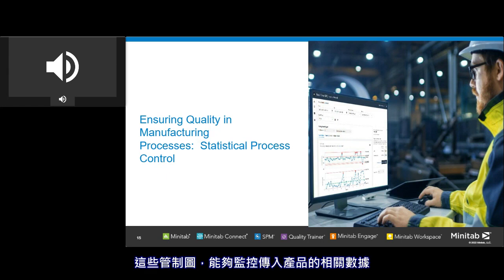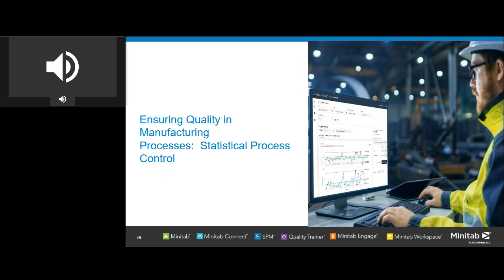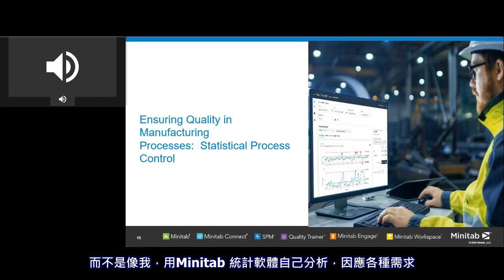Those control charts are able to monitor incoming product, where maybe I'm hand entering some information, or maybe I'm automatically hooking up to my databases as data is entered in. Now, if you think about the needs of the control charts from a system like this versus a system where I'm just analyzing the data myself, say in Minitab statistical software, they're very different needs.